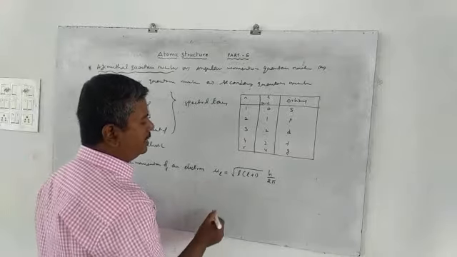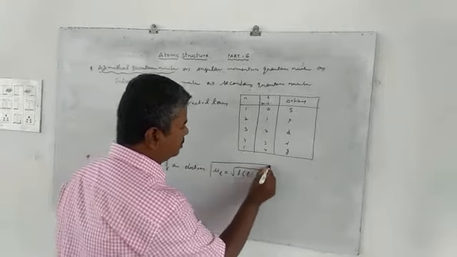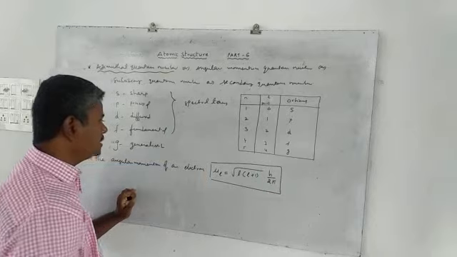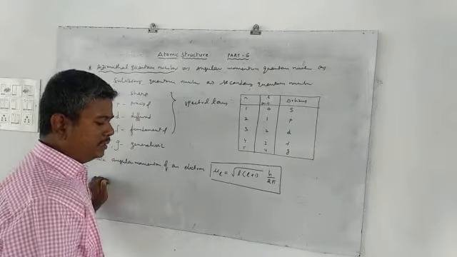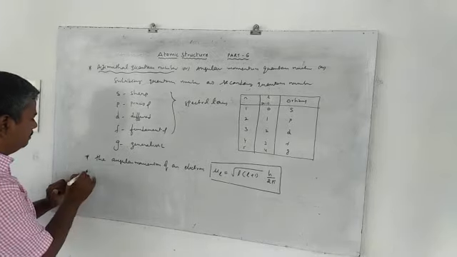So angular momentum can also be calculated by using which one? Azimuthal quantum number.